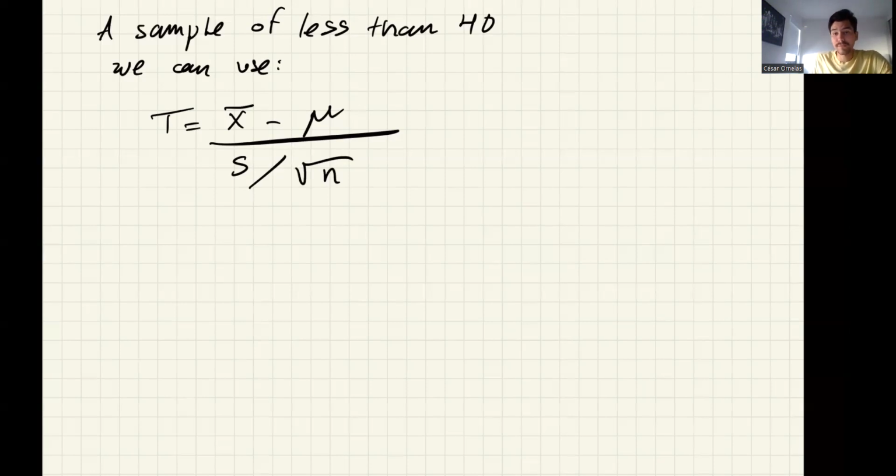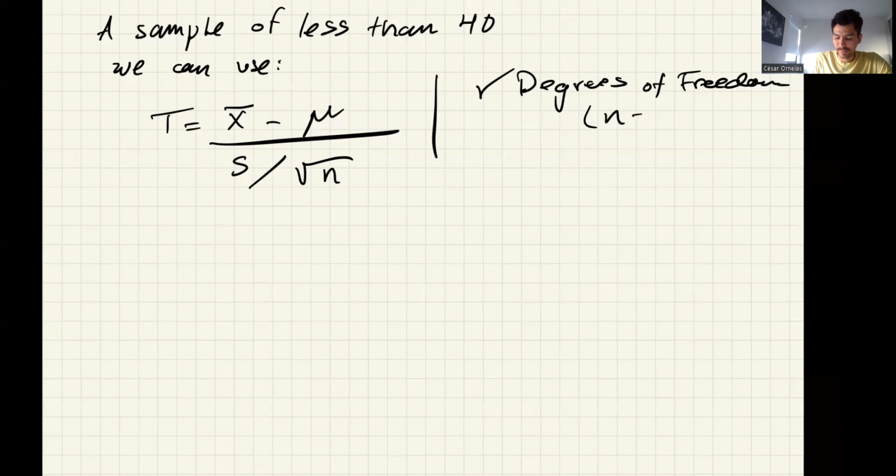And what is the main difference about this? First, we have the degrees of freedom. In the text it is called n minus 1, and some of the texts call it the DOF.